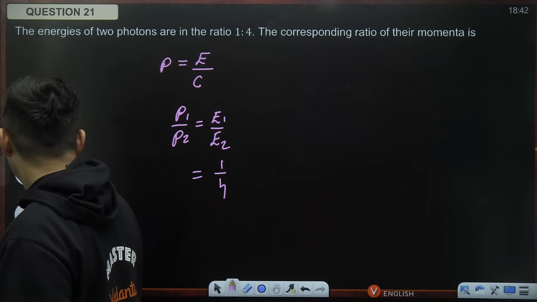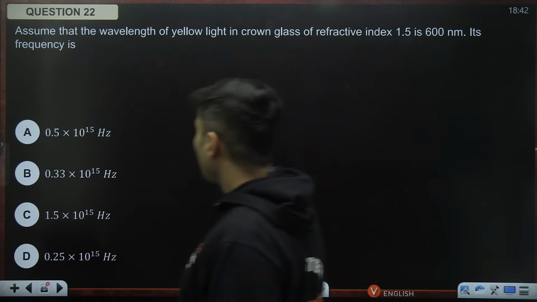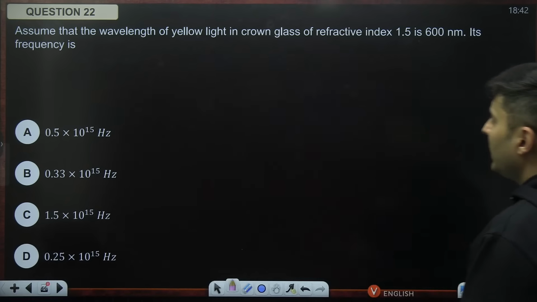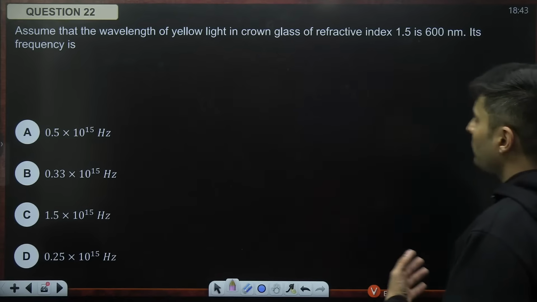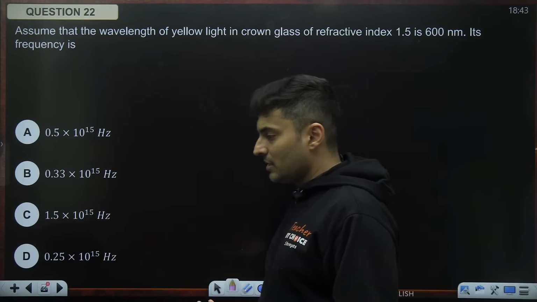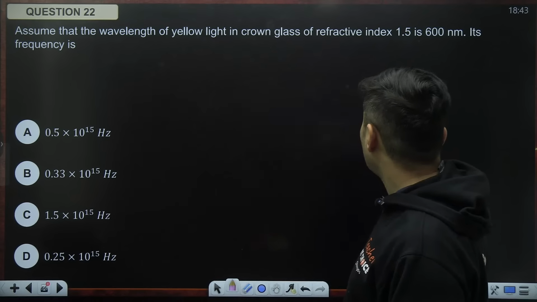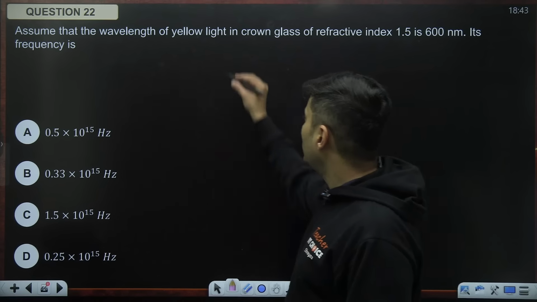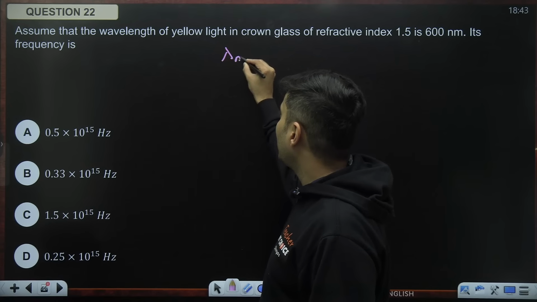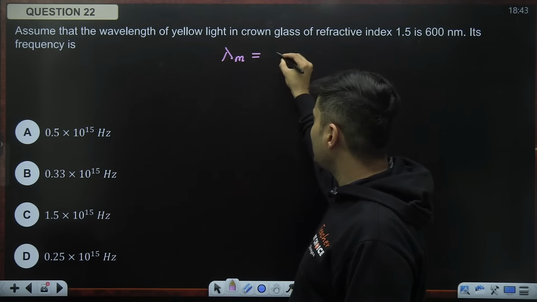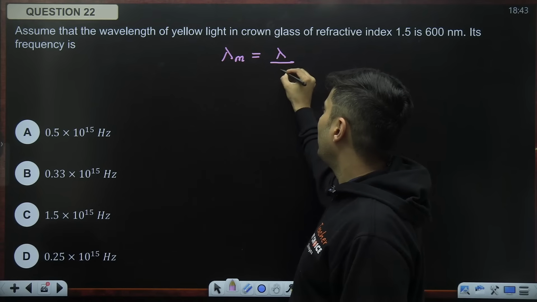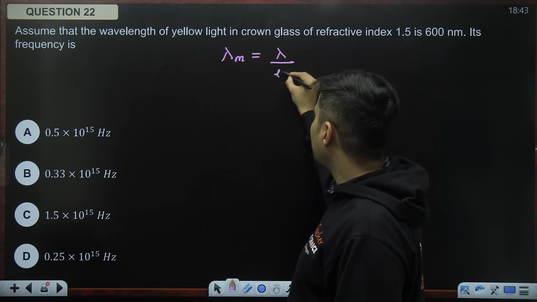Okay, let's move to the next one. Assume that the wavelength of yellow light is so and so, then what is its frequency? The wavelength is given in the crown glass. We know the wavelength of light in any medium is the wavelength in air divided by the refractive index.